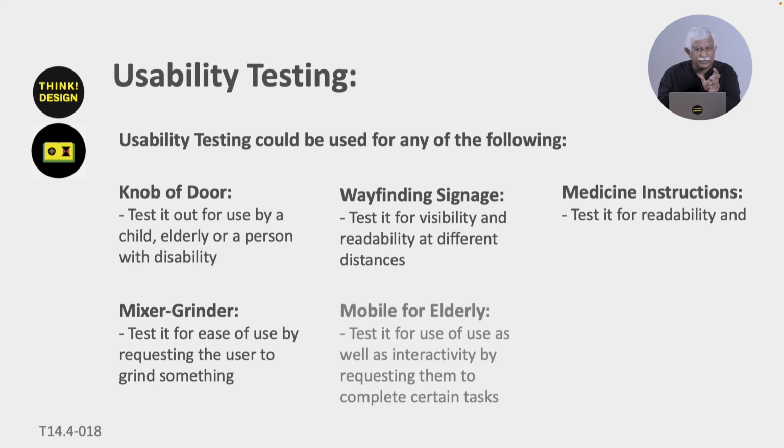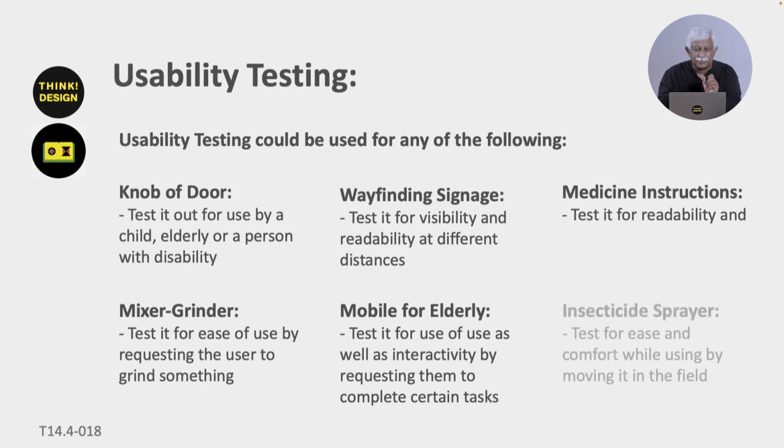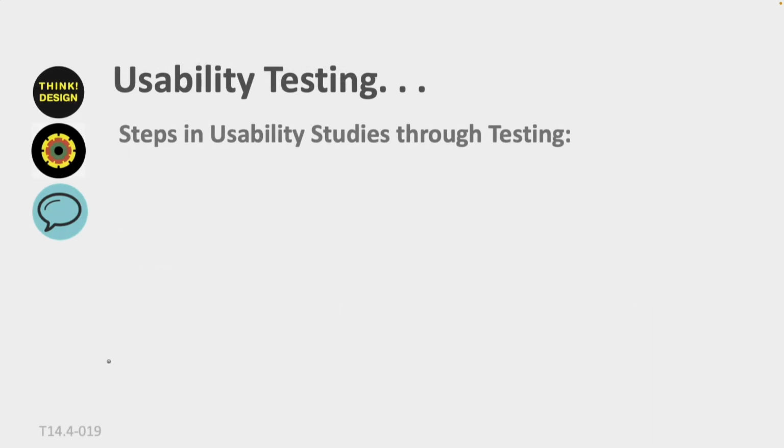Mobile for the elderly: test it for use as well as interactivity by requesting them to complete certain tasks. Insecticide sprayer: test for ease and comfort while using and moving it in the field. So this gives you an idea of where all you can use usability testing.